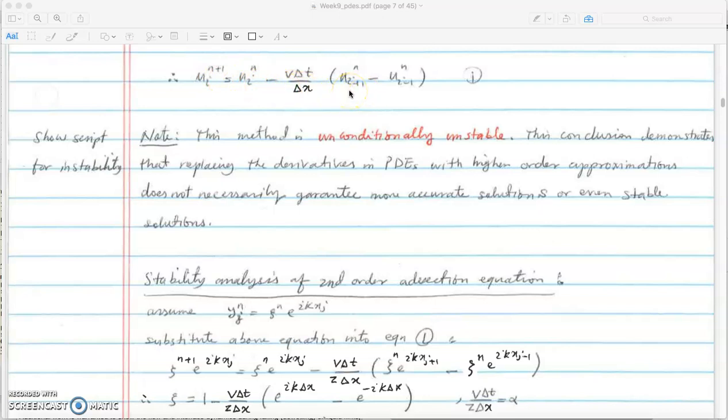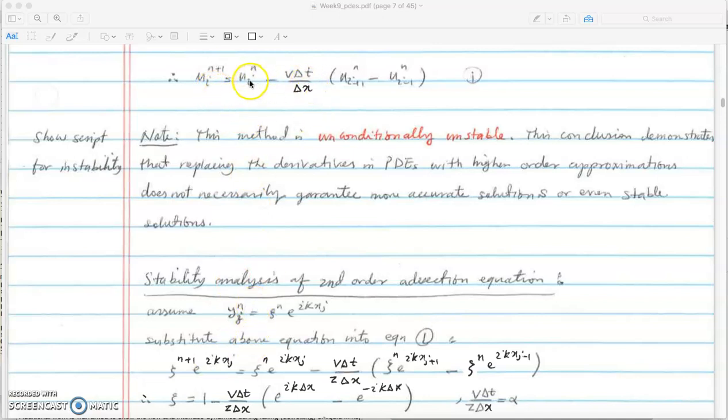This doesn't actually change anything, we're just renaming the index. So this is going to be c raised to the n plus 1 power, and then exponential of i k times x_j. And the reason we replace all the i's with j's is because we're going to have another i for the square root of minus 1. That's why we need to replace all the i's with j's to avoid any confusion.